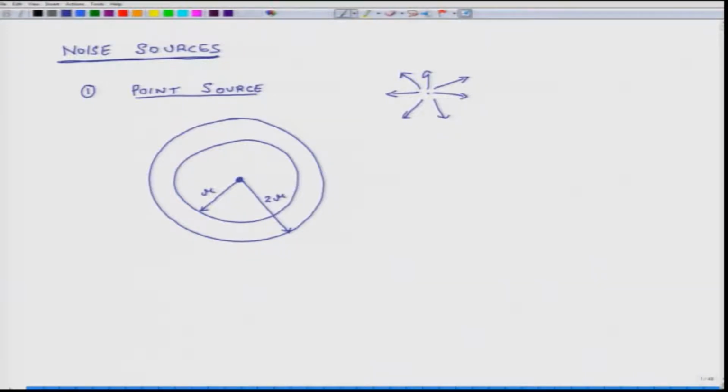I am measuring noise level at a distance r away from the center where the monopole is located, and let us say the sound pressure level is LP, the sound pressure level at distance r from the source.